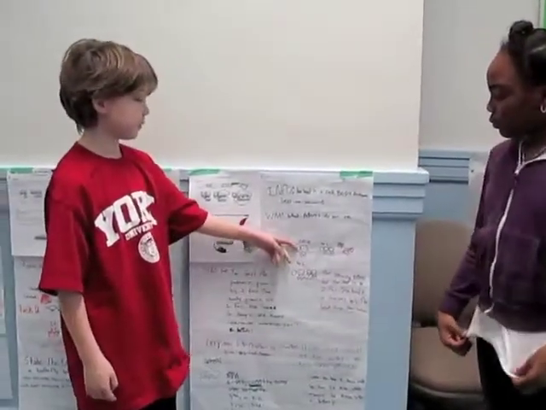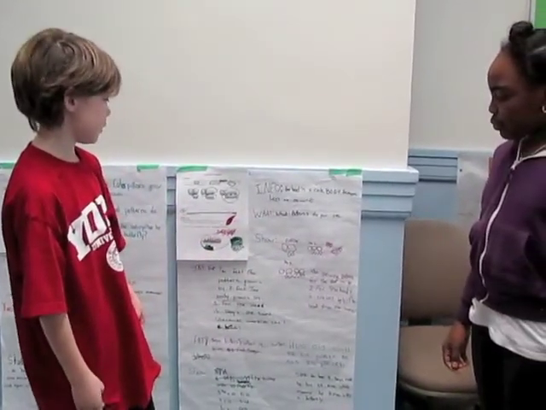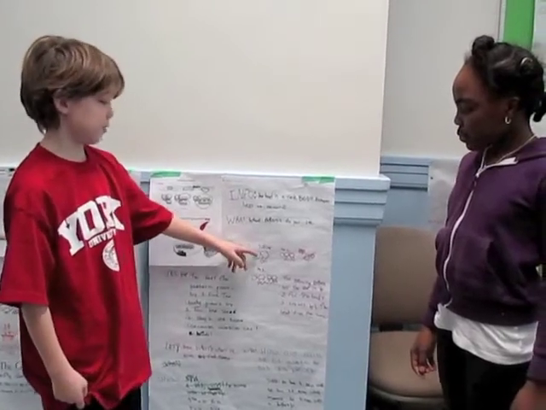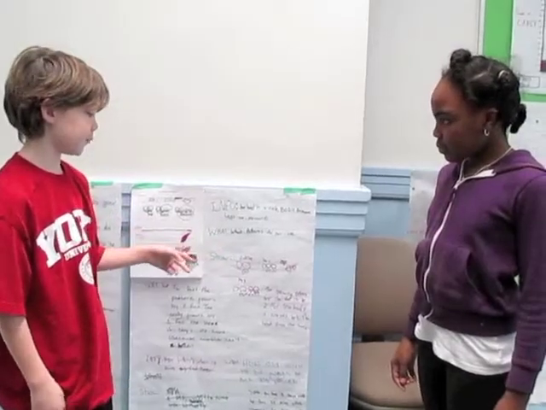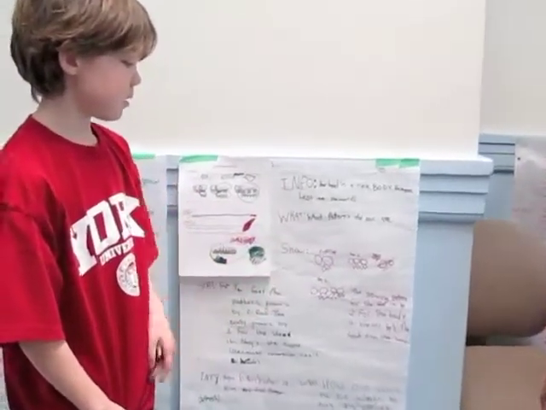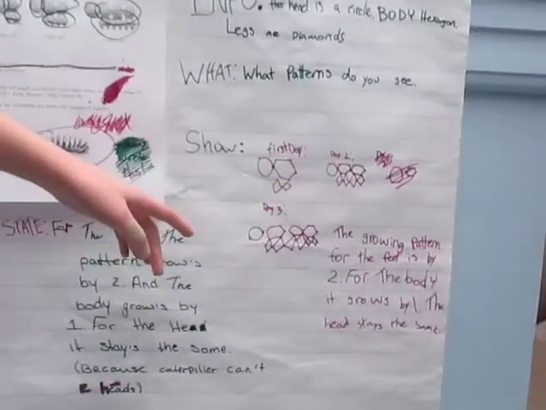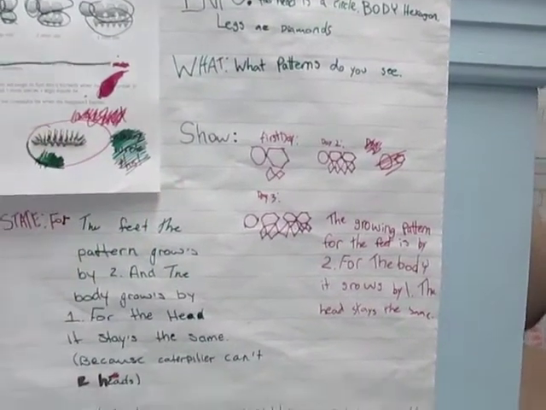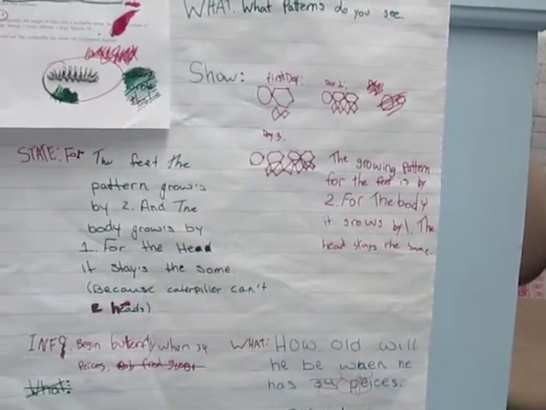We wrote down for task 1, for the first day, it would have 4 pieces, and then for day 2, it would have 7, and then for day 3, it would have 10.